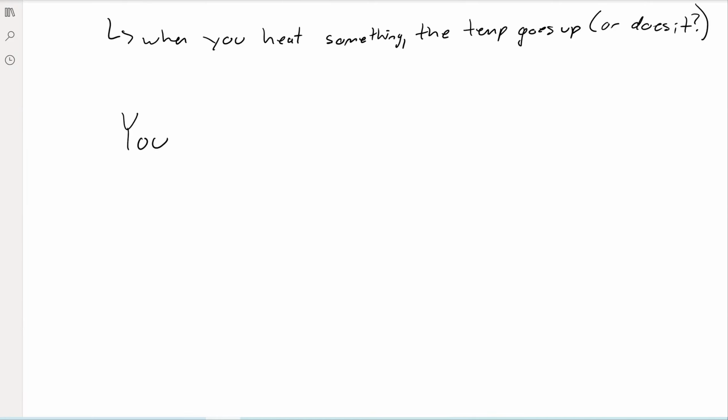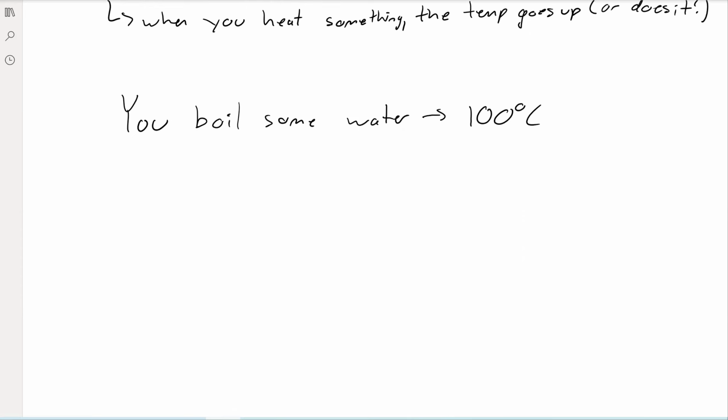You put a pot of water on the stove and boil it. Of course, water boils, at least at sea level, at 100 degrees Celsius. So it's 100 degrees Celsius and the water is boiling.